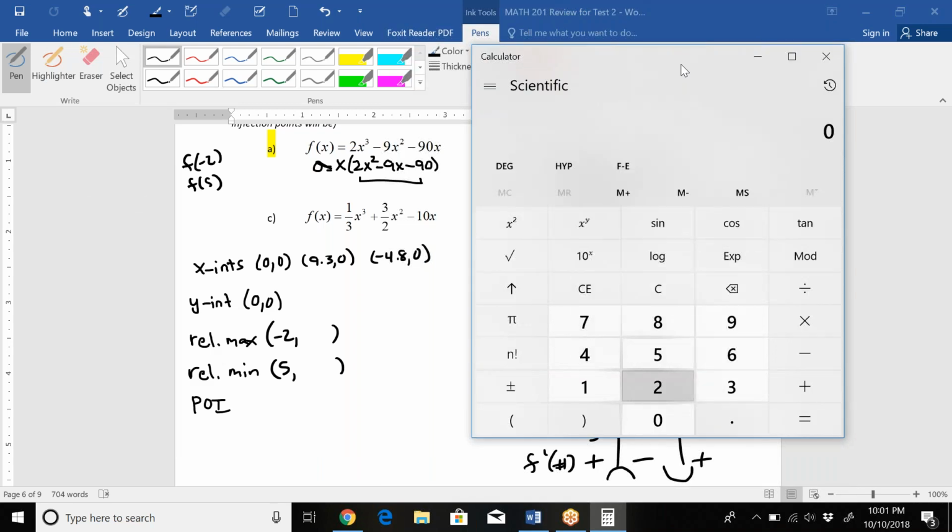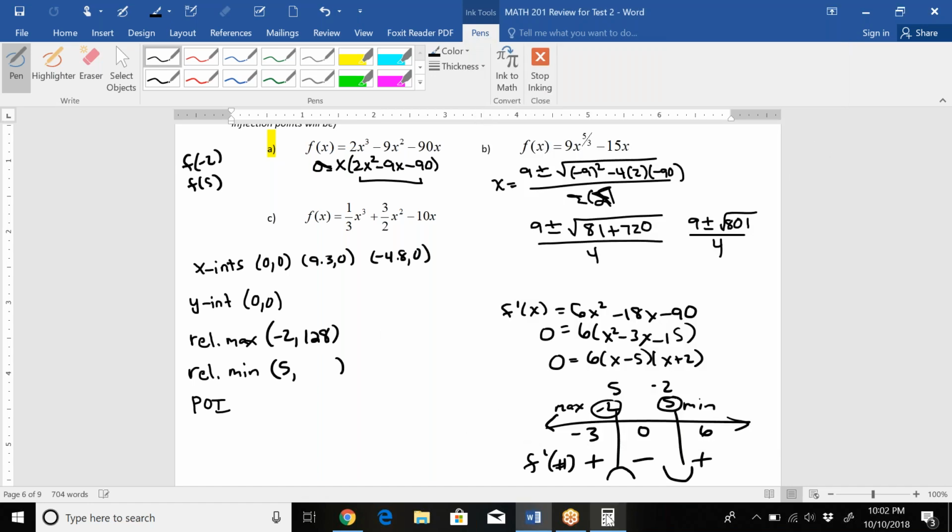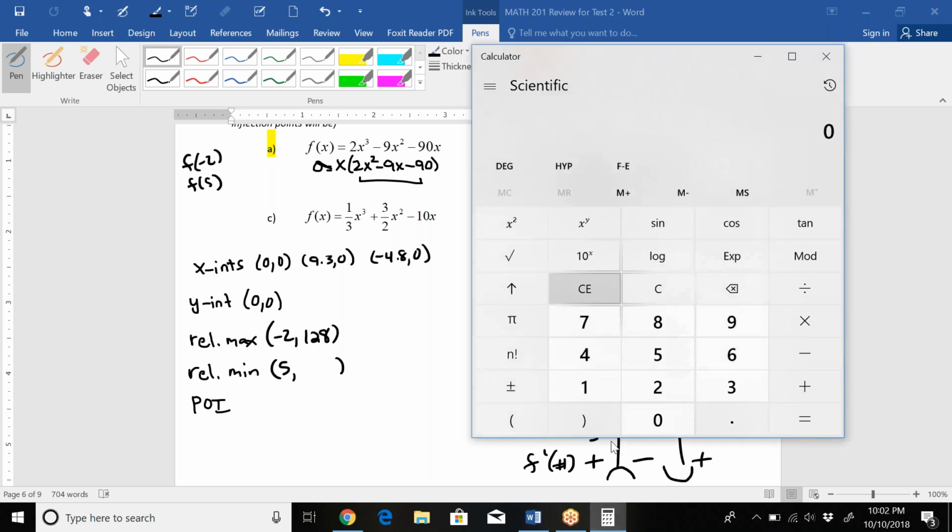So negative 2 cubed is actually negative 8. You have to be careful with that. Times 2, minus 9 times negative 2 squared is actually 4. And then negative 2 times 90 is going to be positive 180. So 128 is the y value that we get there. For the minimum, we have to plug in 5.